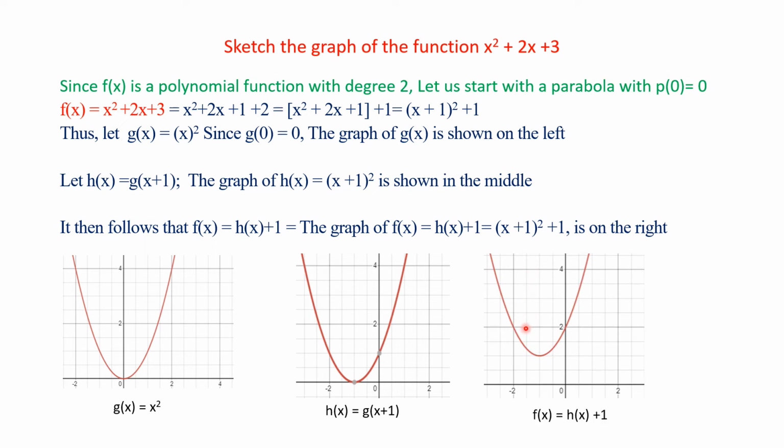We can see that this graph was shifted to the left, so it's at x equal to -1, and then it's added 1. So instead of on the x-axis, it is 1 up, and obviously it is a 1 to the left shift, and that's the graph of this.